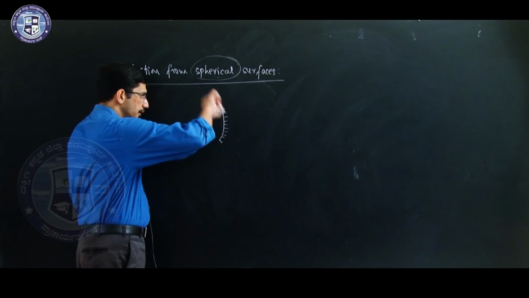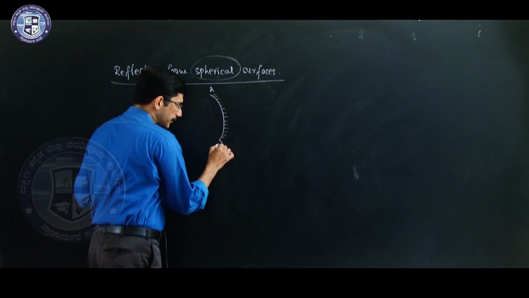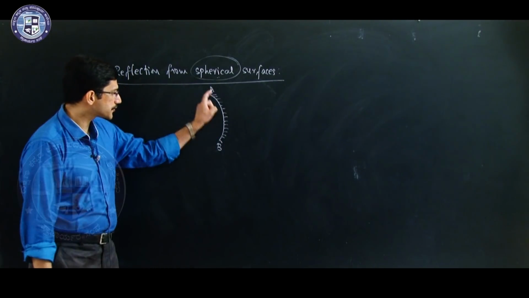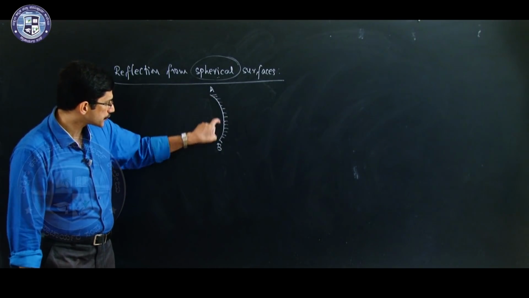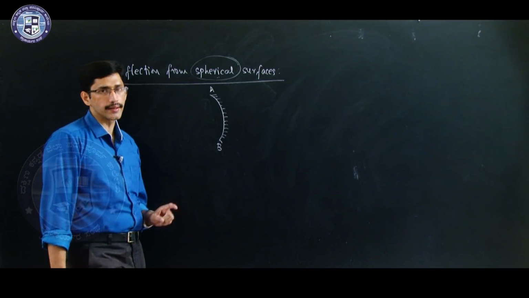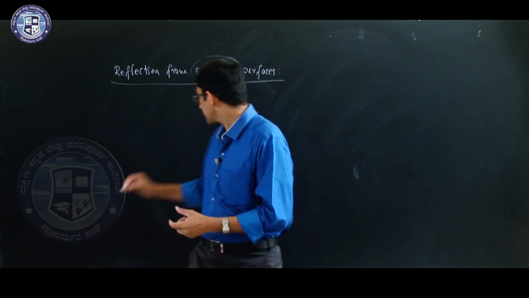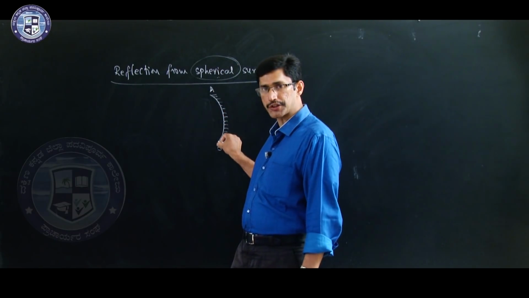And you can complete the sphere also. Whatever surface I have considered here, I name it AB. This is the reflecting surface, hence the surface AB is also called the aperture, because this much surface is available for reflection.